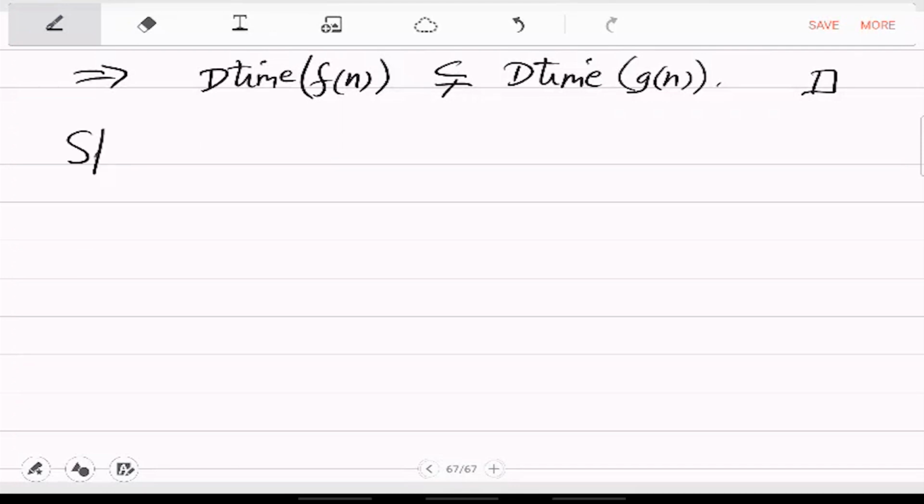So a similar thing we can do with space complexity class. Then we call it space hierarchy.